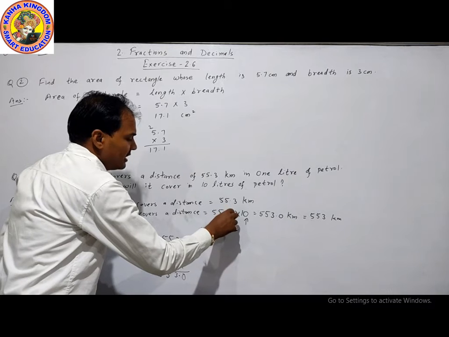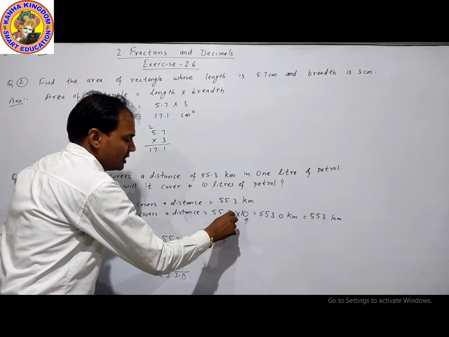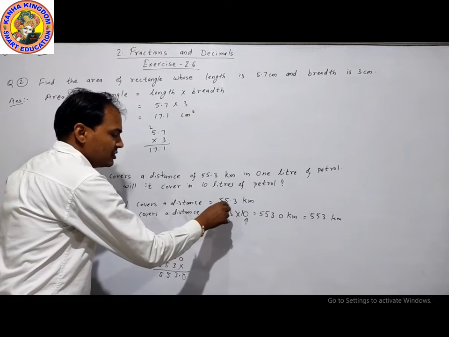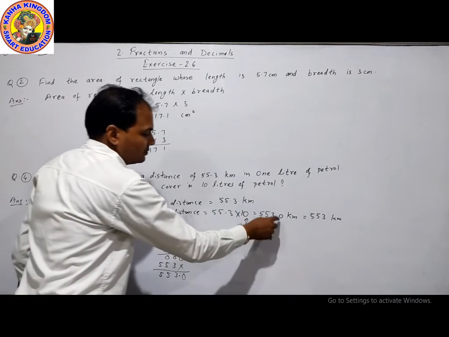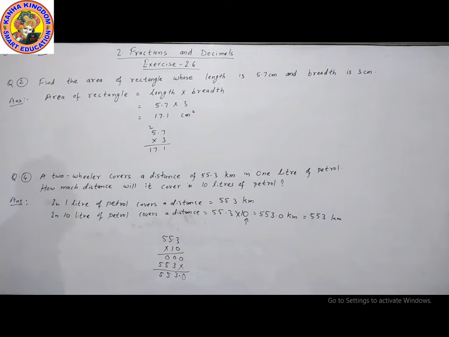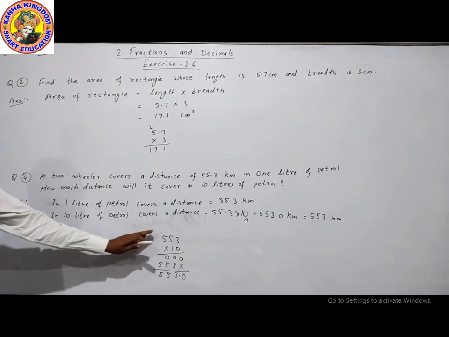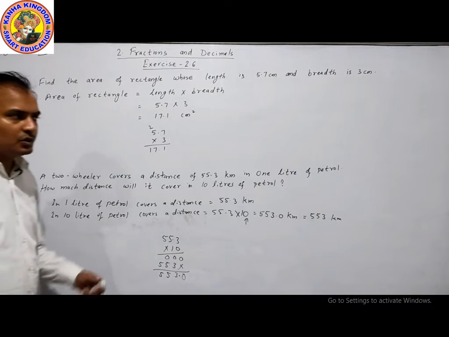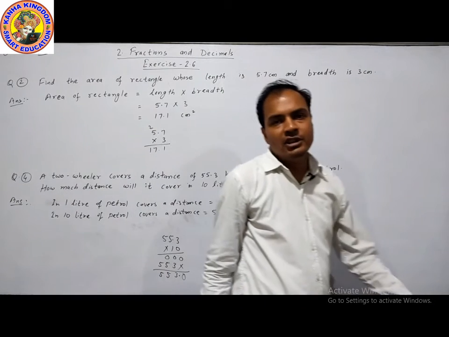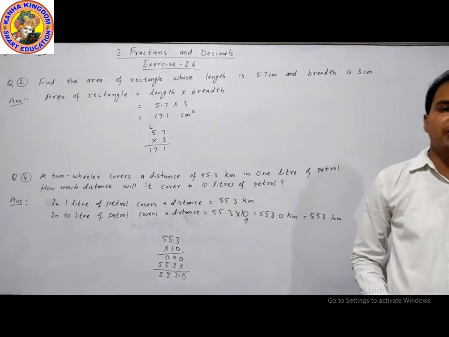So the decimal point comes here. Using the 0, the decimal point will come to here. So this will be 553.0, or you can do it by simple multiplication. You can take a screenshot of this. We will move to our next questions.